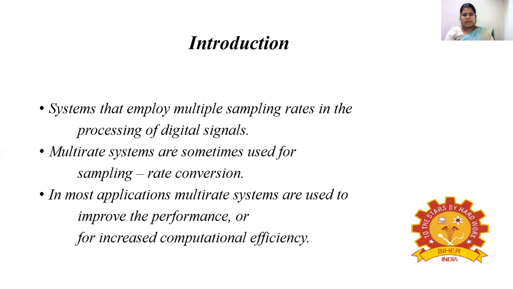The systems that employ multiple sampling rates in the processing of digital signals are called multi-rate digital signal processing. These multi-rate systems are sometimes used for sampling rate conversion. In most applications, multi-rate systems are used to improve performance, or to increase the computational efficiency of the system.